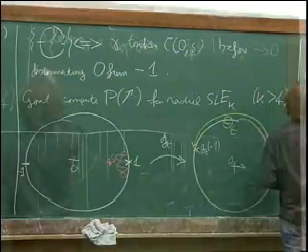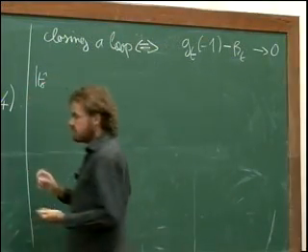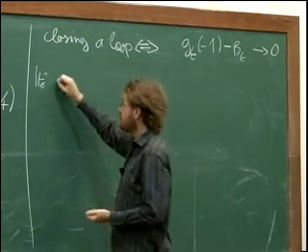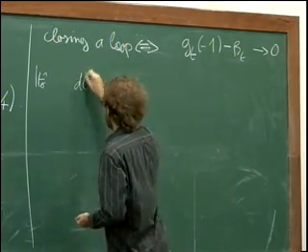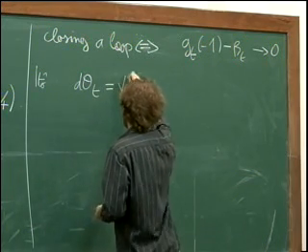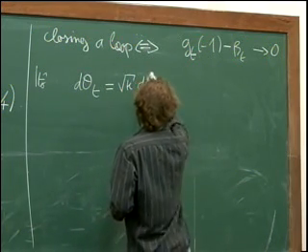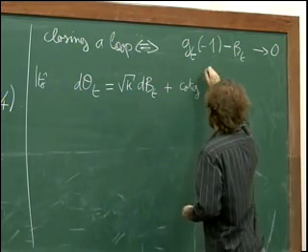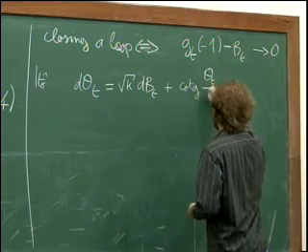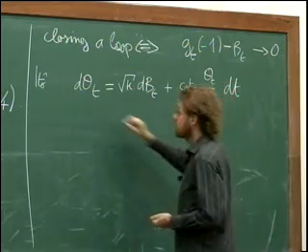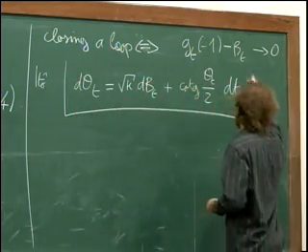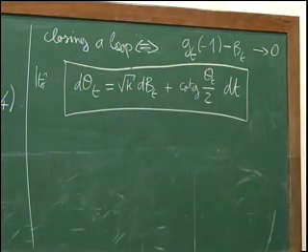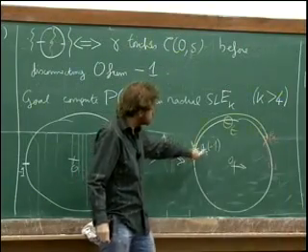And if you apply Ito's formula, and this is a little bit nasty, but it's a good exercise, what you get is that d theta t is square root of kappa times dBt plus cotangent of theta t over 2 dt. So this is what you get as a generator for the angle between GT(-1) and beta t.